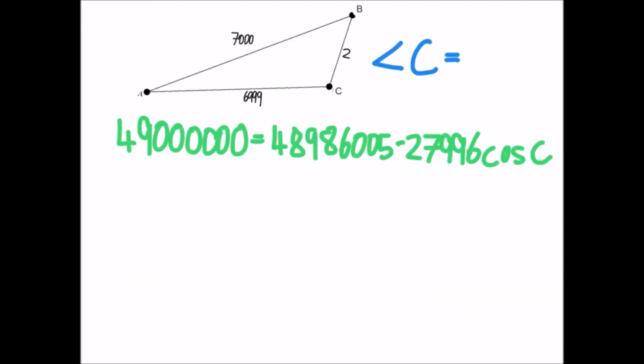When solved, this will be equal to 49 million equals 48,986,005 minus 27,996 times cosine of C. To continue solving the equation, subtract 48,986,005 from both sides.